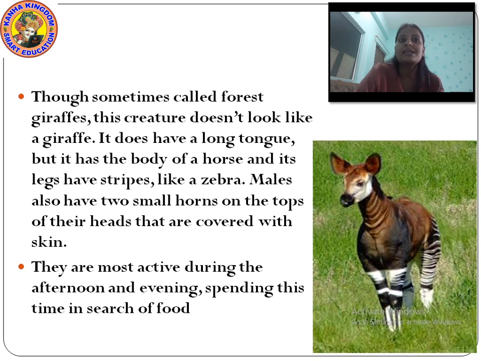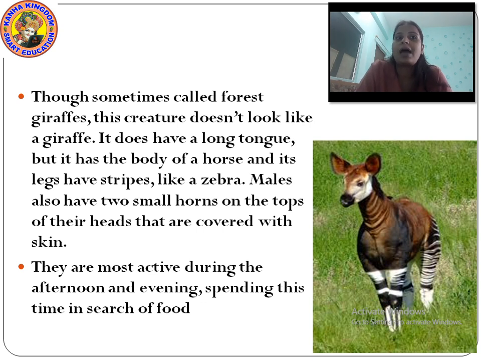It does have a long tongue, but it has the body of a horse. Now this okapi's body looks like a horse, and its legs have stripes like a zebra.